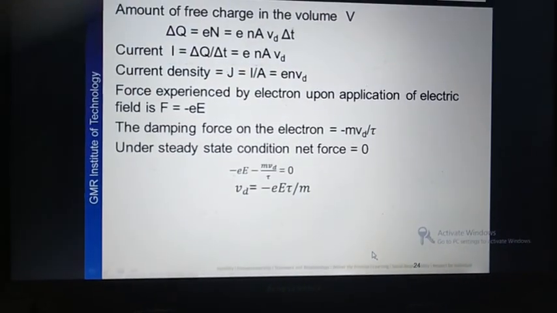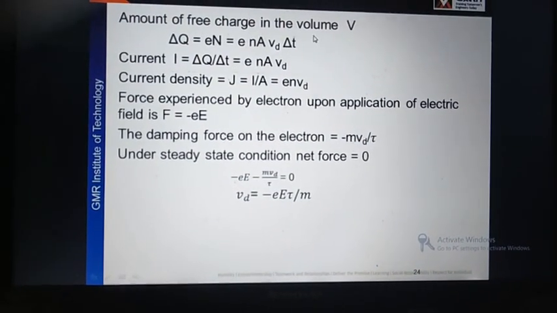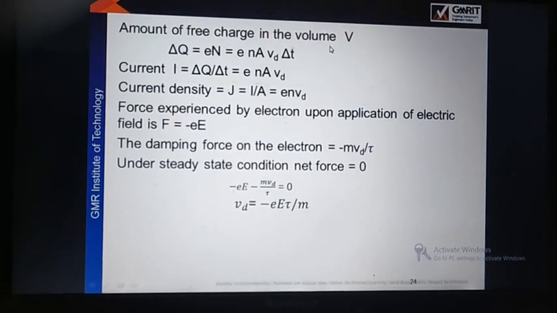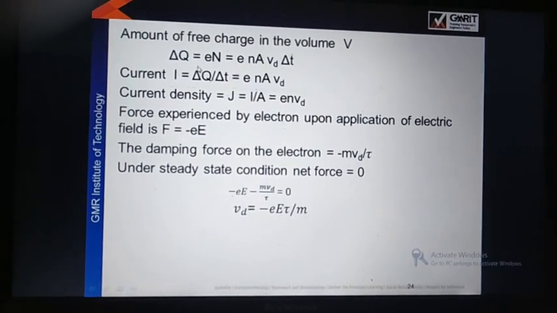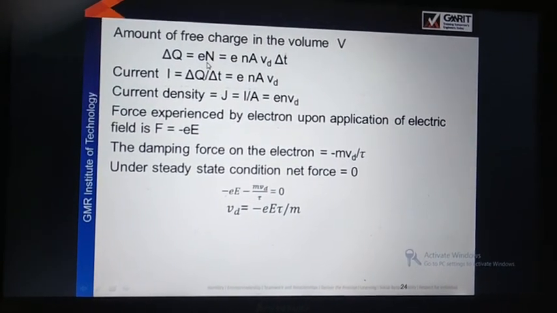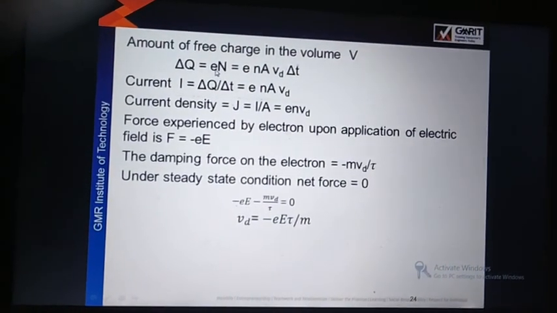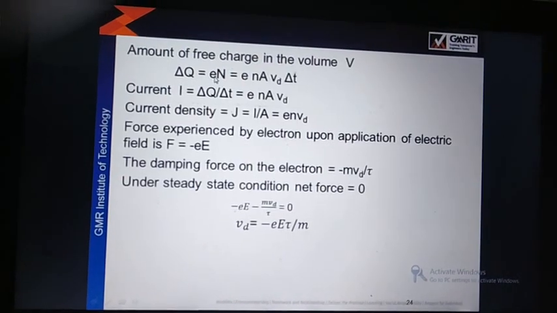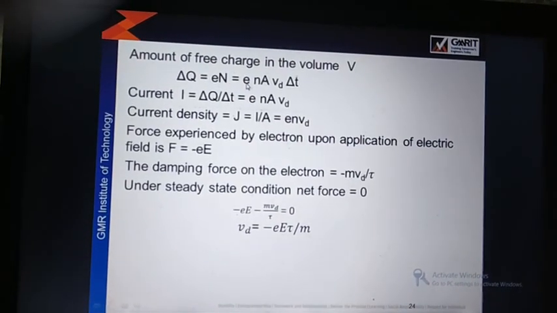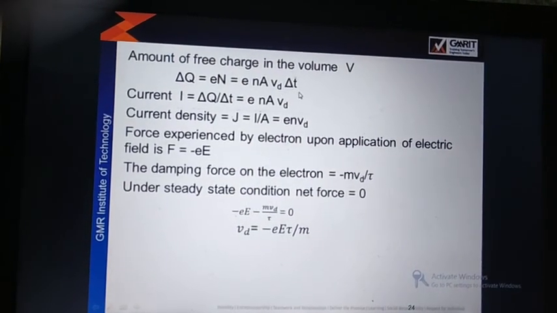So the amount of free charge in the volume, that is, how many charges are actually moving, is given by delta Q is equal to e into n. So how many charges are moving in that volume, into what is the charge? The charges that are moving are electrons, so e. What is n? We got n A Vd delta t.